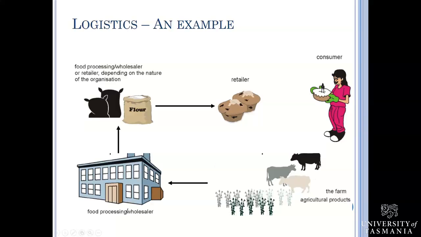So we have the movement of those raw materials, milk and wheat, to a food processing factory. And it's probably a wholesale process. So wheat needed to be processed into flour before it can be used for the next product. And the milk, once again, needs to be processed.